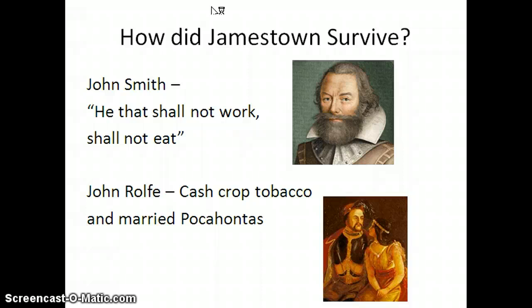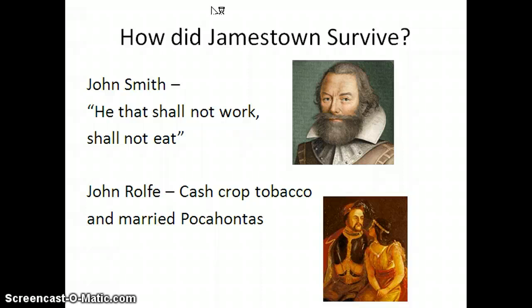John Rolfe, another settler of Jamestown, also stepped up. What he discovered was a way to make tobacco grow in Jamestown. Tobacco became the cash crop of the joint stock company and Jamestown. The Virginia Company of London made lots of money through tobacco. John Rolfe later married Pocahontas.